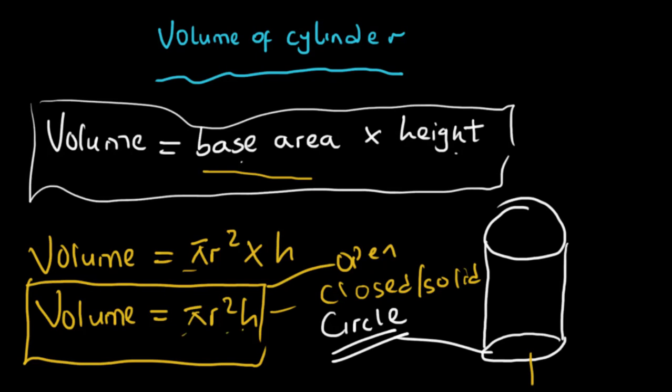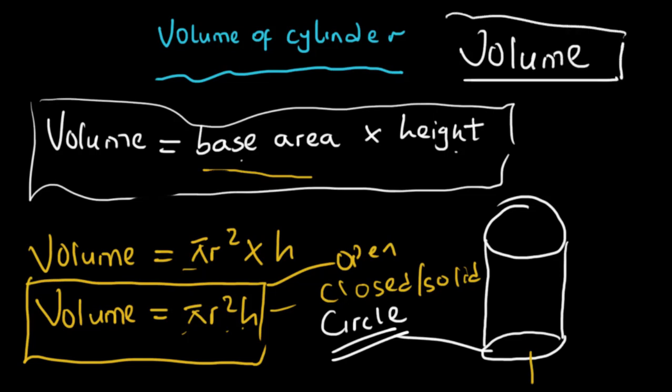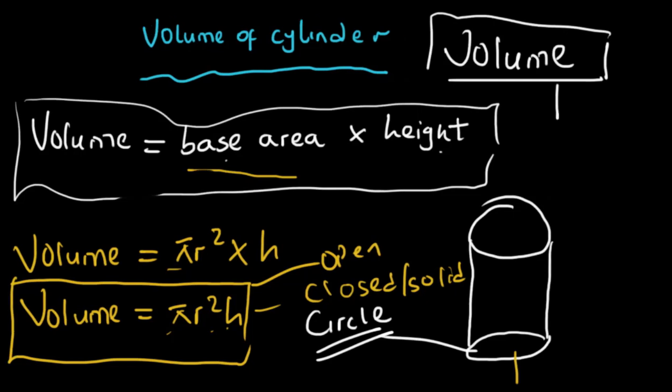Do you understand? Now, before we take examples, I need you to understand what volume is. If you are asked to define volume, nobody will ask you in the exam, but it gives you a better understanding of the topic. The volume of any shape is the amount that the container or the shape can take.